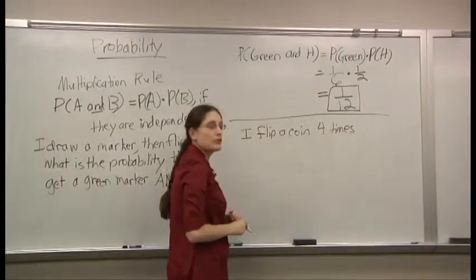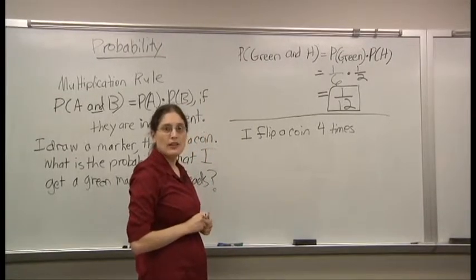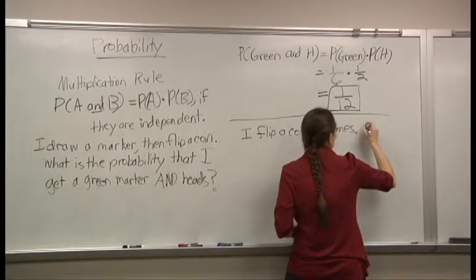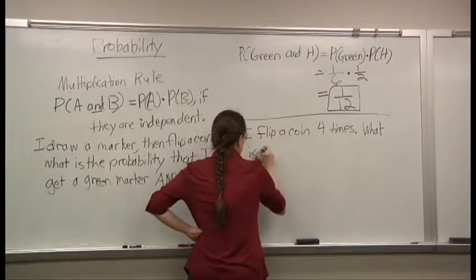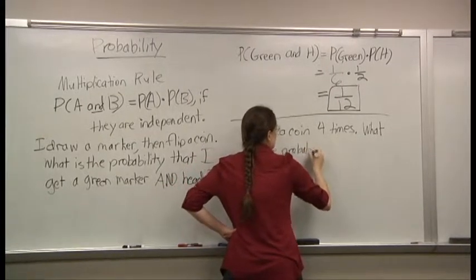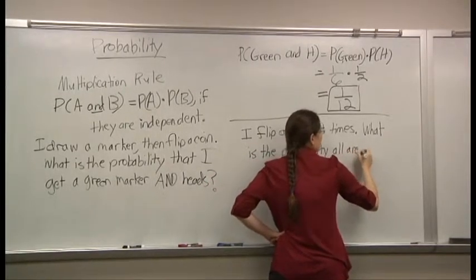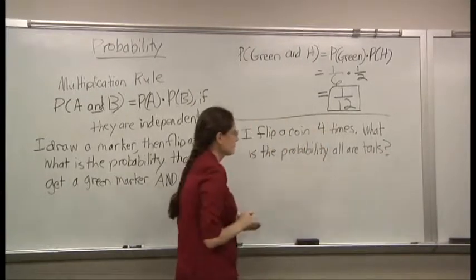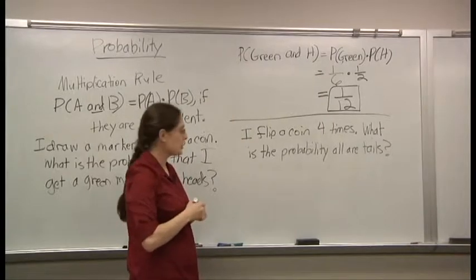I flip a coin 4 times. What is the probability that all 4 flips are tails? You can still use the multiplication rule here.